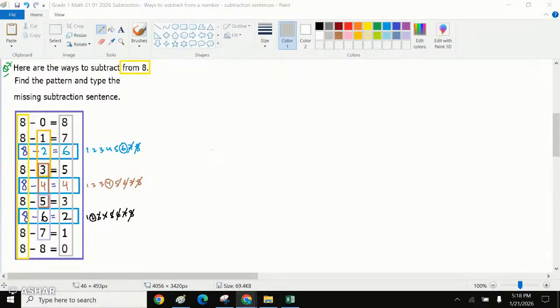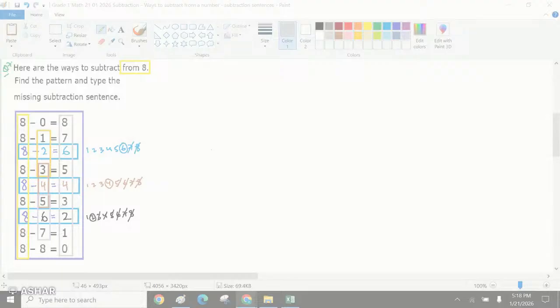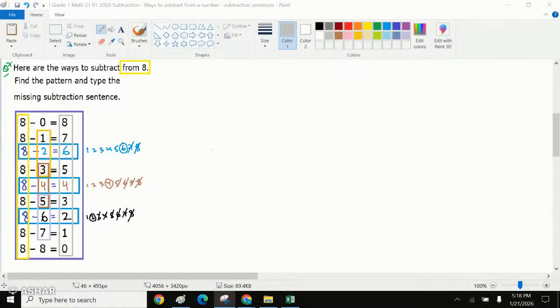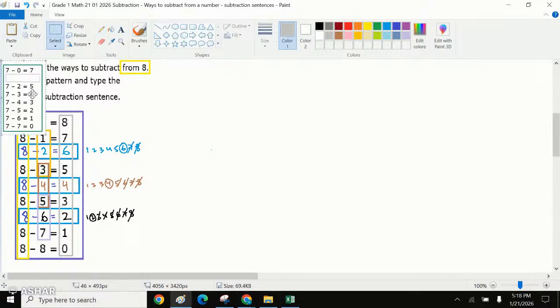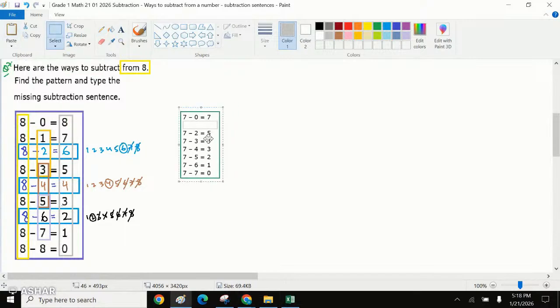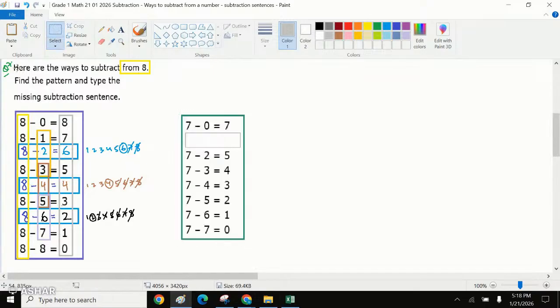Let's have a look at another question. Okay. So the question number 8 says, here are the ways to subtract from 7. Okay, I'll just copy it over here. Ways to subtract from 7. And let me copy this statement.